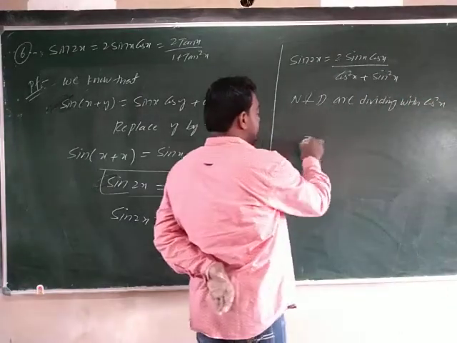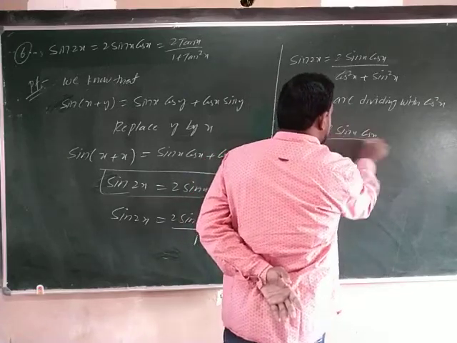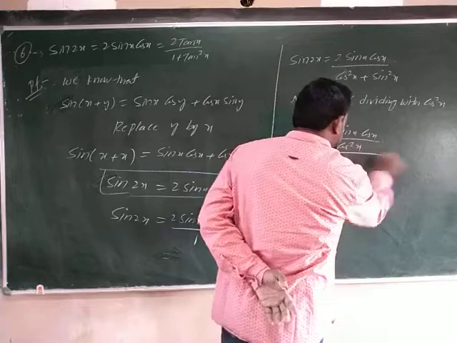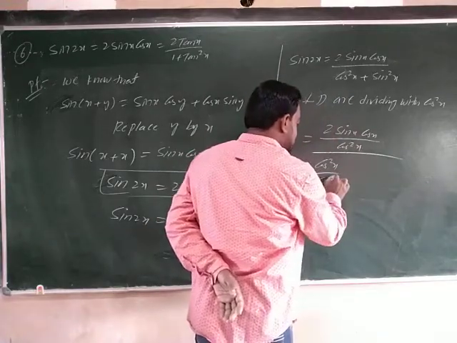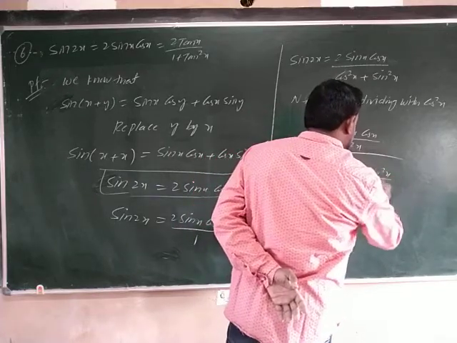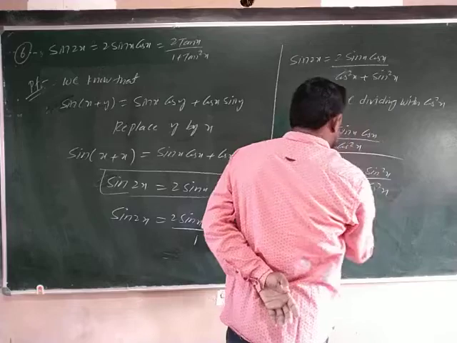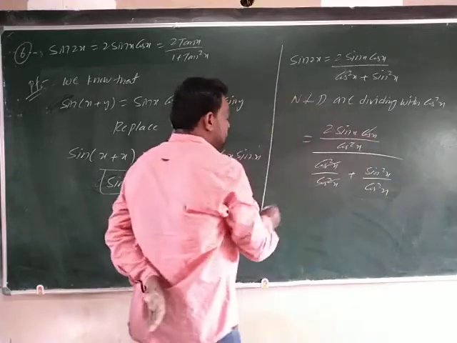So what we are getting? 2 sin x cos x by cos square x, by cos square x by cos square x plus sin square x by cos square x. Here cos square x gets cancelled.